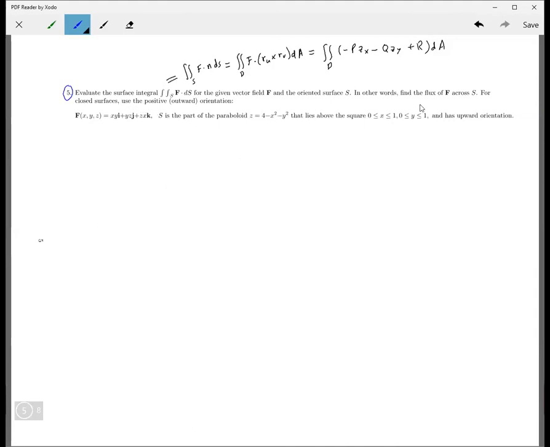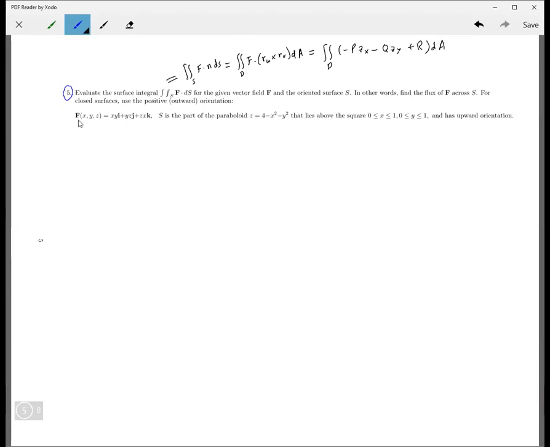So it's also directional. And so they say, for closed surfaces use the positive outward orientation. This one I don't think is a closed surface, so it doesn't really apply there. But anyways, when you have surfaces, you're going to use the outward orientation.